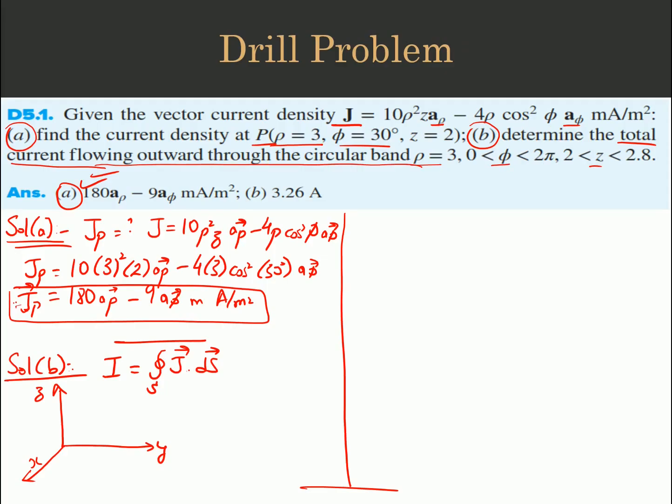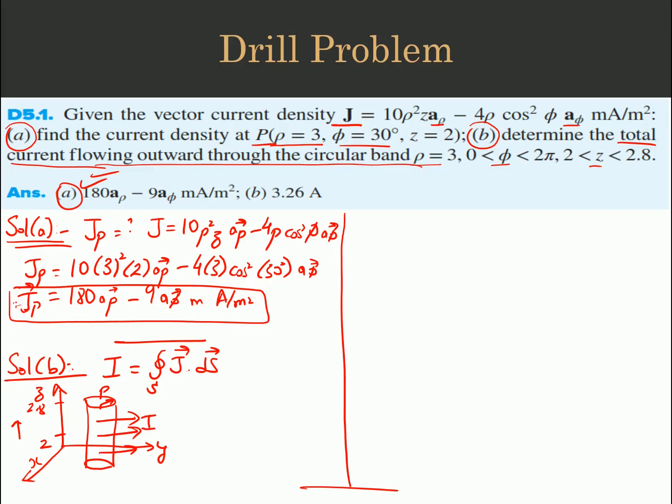So z is from 2 to 2.8, and it is going to be a cylinder where the value of rho is over here, and the current is moving away from the circular band as mentioned in the question.